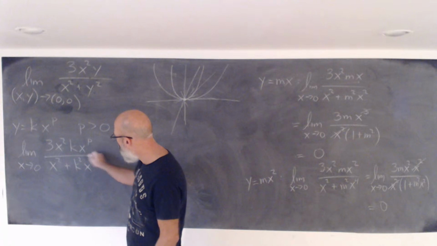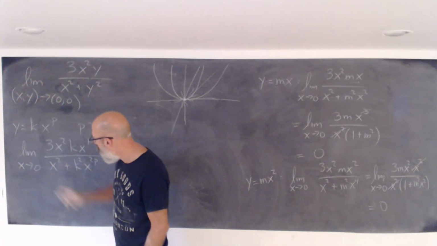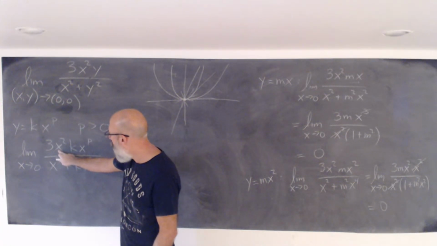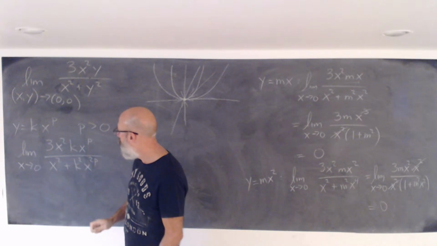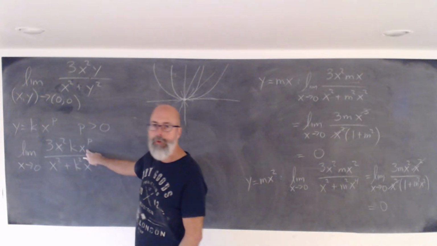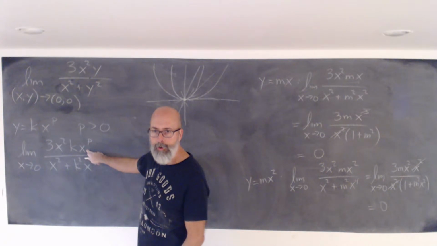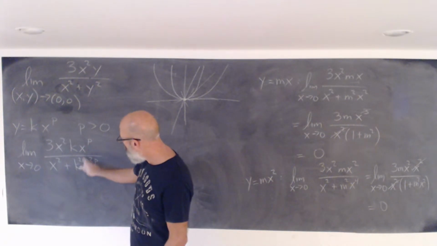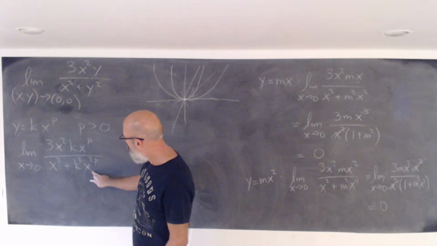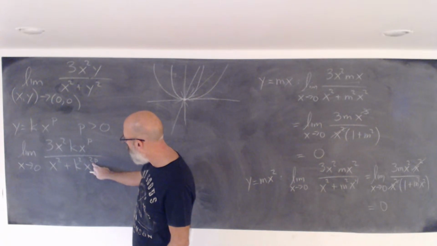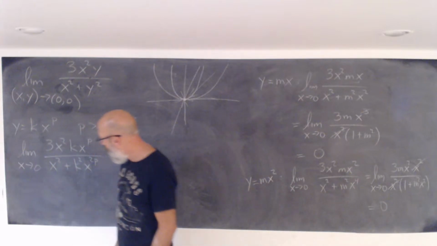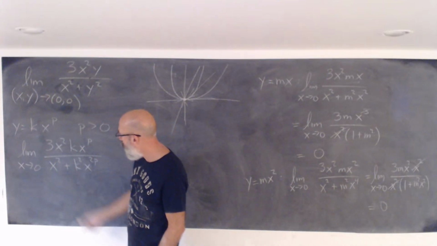If this is at least x squared, then you could factor out an x squared and cancel with that one, which would still leave you with an x to the p on the numerator. And if this is less than x squared, if 2p is less than 2, then you can't even factor out an x squared.